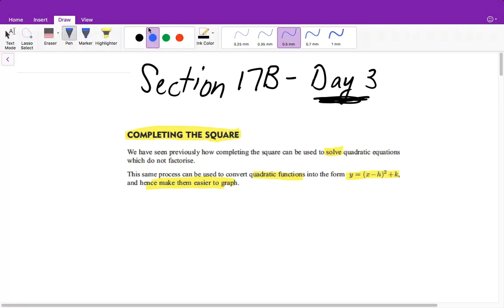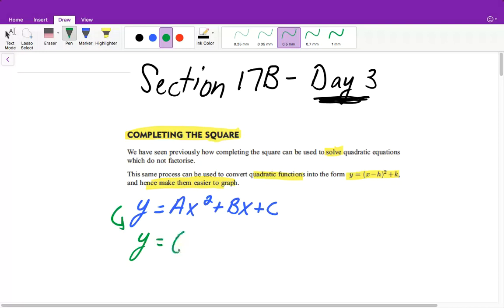There's just one slight variation, and what this allows us to do is take our graph in standard form, ax squared plus bx plus c, and rewrite it as y is equal to a(x minus h) squared plus k, with our a in front, so we can also convert this in the same form. It allows us to rewrite it and then graph it easier.